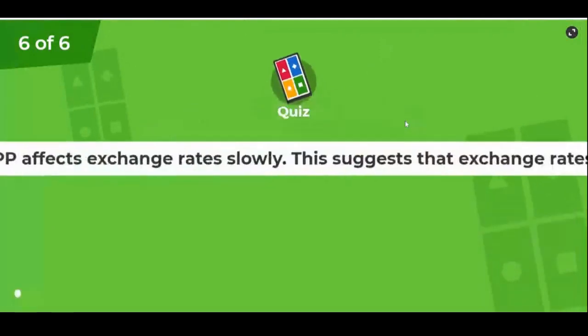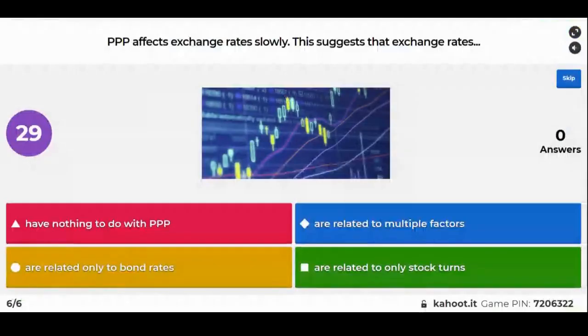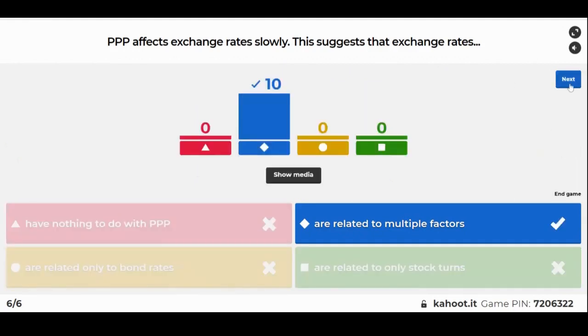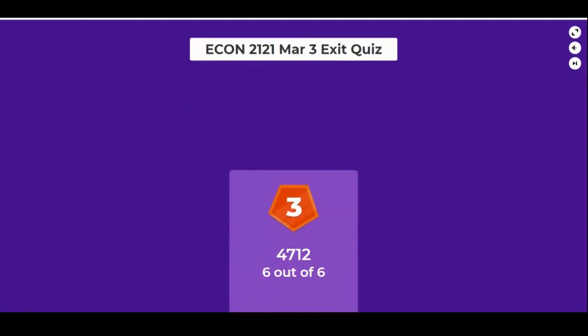And last but not least, PPP affects exchange rates slowly, and what does this suggest about exchange rates? They have nothing to do with PPP. They're related to multiple factors. They're related to stock returns or they're related to bond rates? Okay, everyone got that right. That's gratifying.